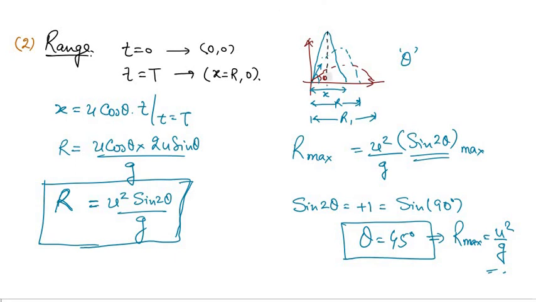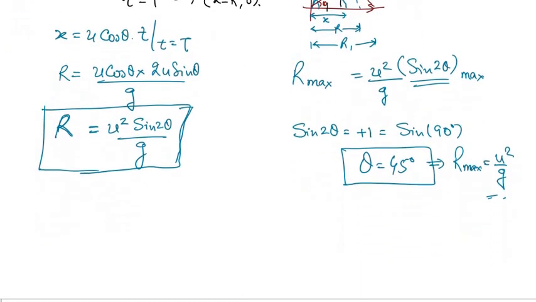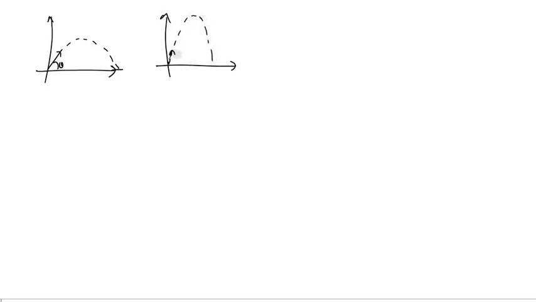Now let us define the third thing: in this type of motion, what is the height given by at a particular u, at a particular theta? What will be this maximum height? Why am I calling this the maximum height? You will see here that if you fix a theta like this, the projectile's motion is like this. Let me fix another theta, its projectile will be like this.